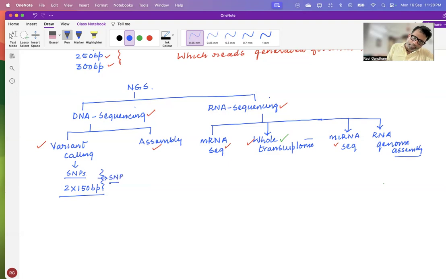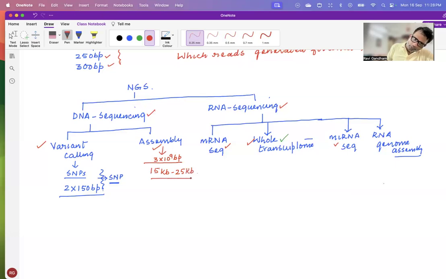When we talk about assembly, it is nothing but assembling the entire genome. In the eukaryotes, it's around 3 into 10 to the power of 9 base pairs in length, the total genome. For this, it is better to have long reads. Therefore, it is better to have 15 KB to 25 KB reads.